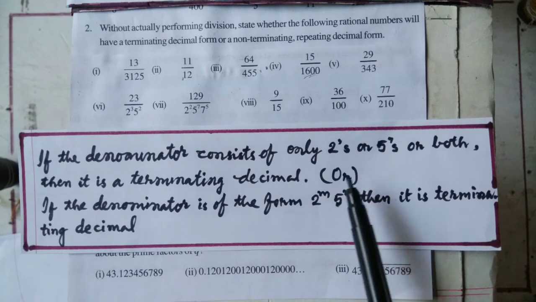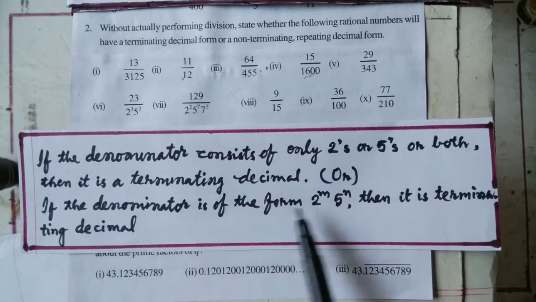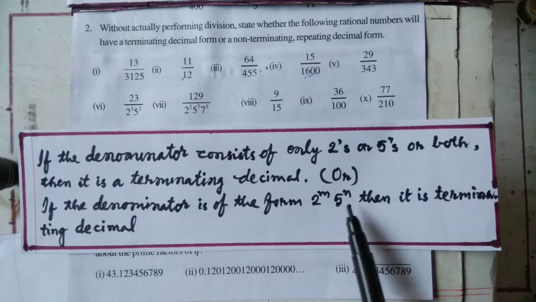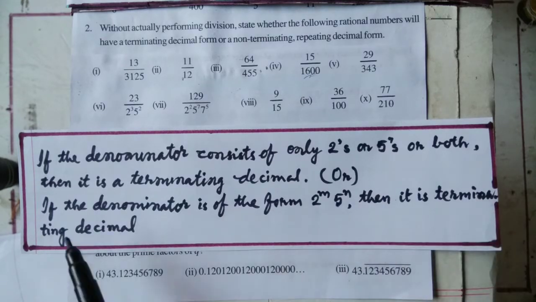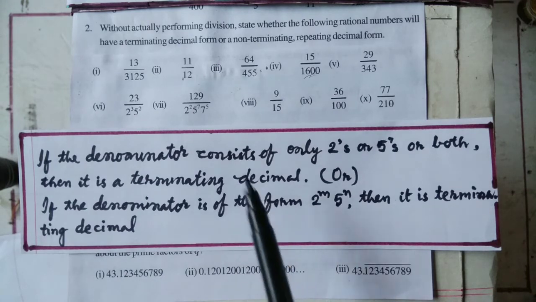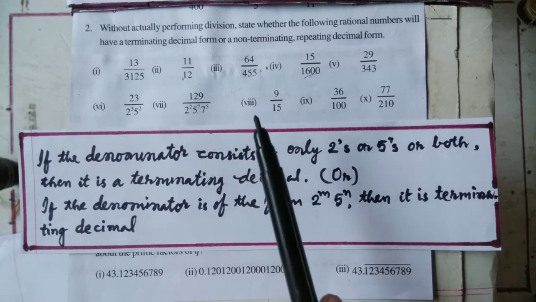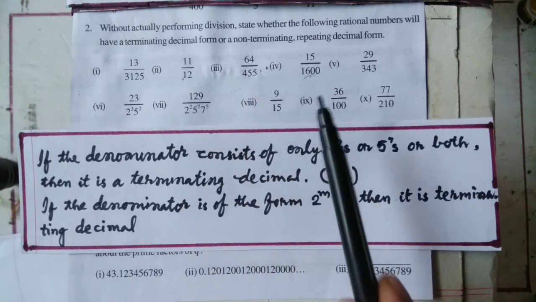In other words, if the denominator is of the form 2 power m, 5 power n, then it is a terminating decimal. Basing on this concept, we can identify which is a terminating decimal form or which is a non-terminating repeating decimal form.